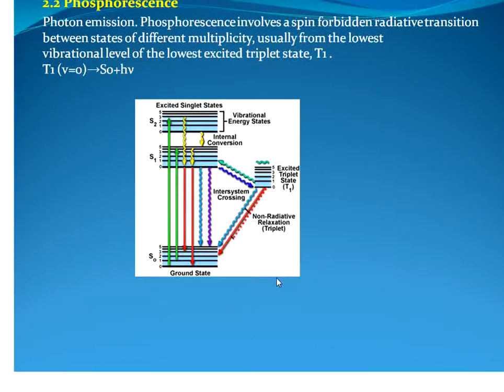After the intersystem crossing, the electron can move from the triplet down to the singlet, and in this process a radiation is emitted. An electron can also move back from a triplet to a singlet, and emission can also be given off, but this kind of emission is called delayed fluorescence.